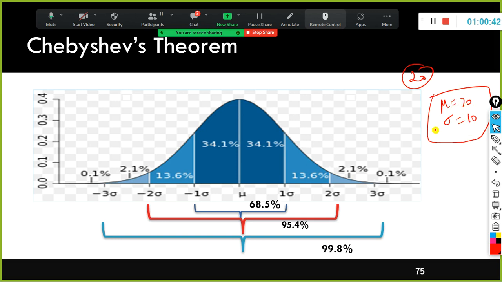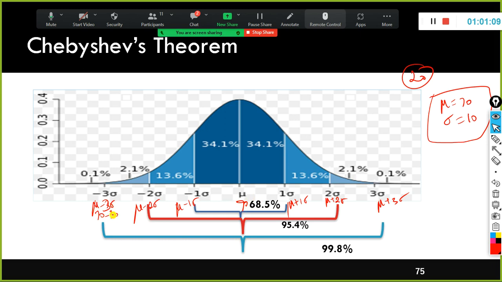Okay, if you need to plug in the values here, it is mu, here mu plus 1 sigma, here mu plus 2 sigma, here mu plus 3 sigma, and here mu minus 1 sigma, mu minus 2 sigma, mu minus 3 sigma. Simply plug in the values. What is mu here? 70, right? 70 minus 30.